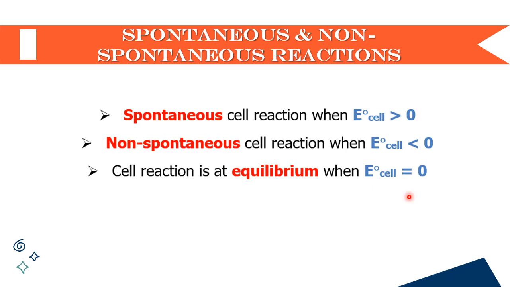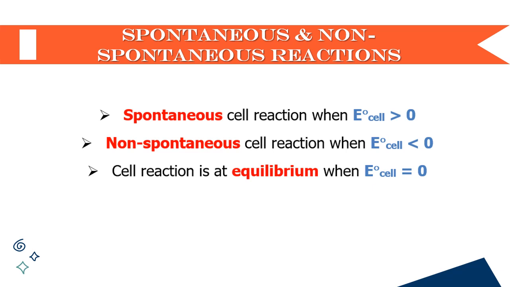The system will be at equilibrium, which you will not do. The system will either be spontaneous or non-spontaneous. But if we do the experiment in the lab, we want to have a spontaneous reaction. So we will do the setup for us to get a positive value on the voltmeter. So that's on the experiment part.